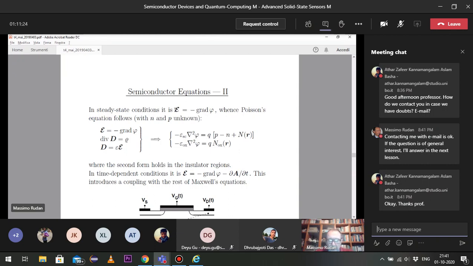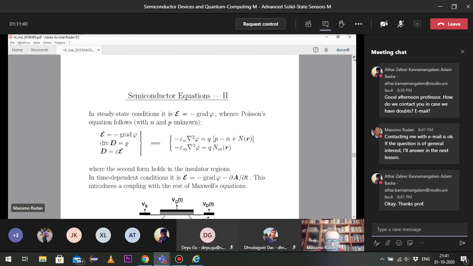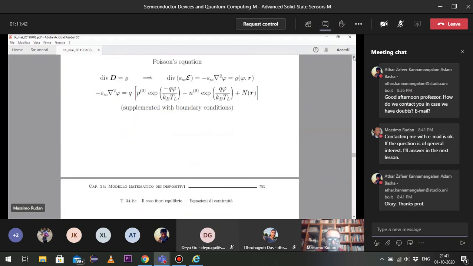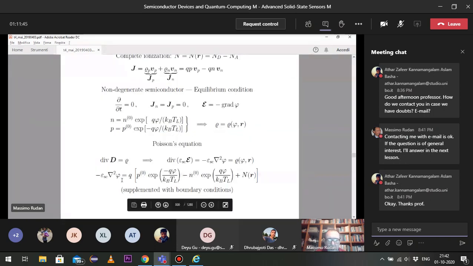The difference is that in equilibrium, the concentrations of electrons and holes are functions of the electric potential, as you remember, okay? I go back by a few pages, okay? You remember in equilibrium, you have the equation on the last line of the page. So just one equation with only one unknown, that is the electric potential.